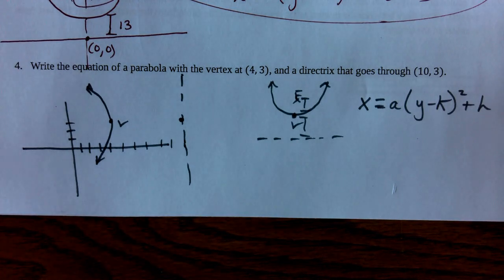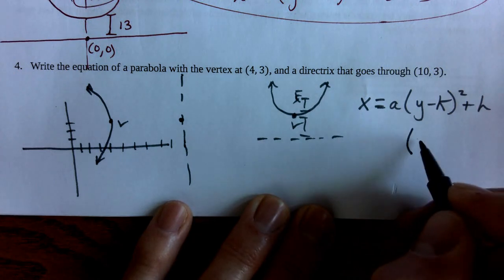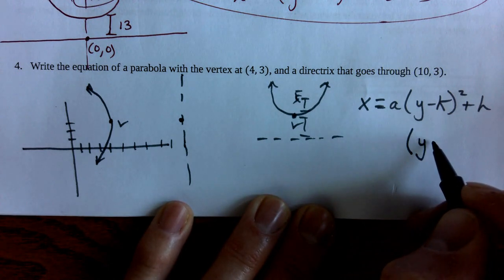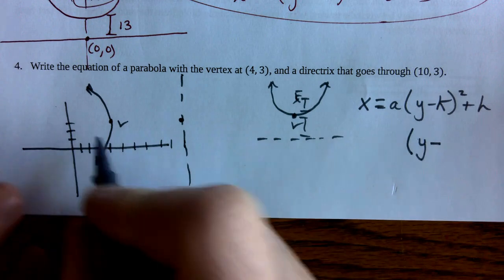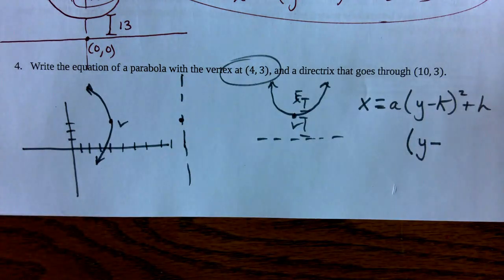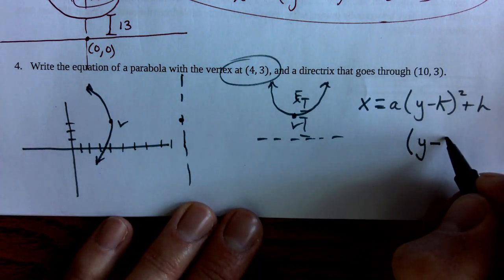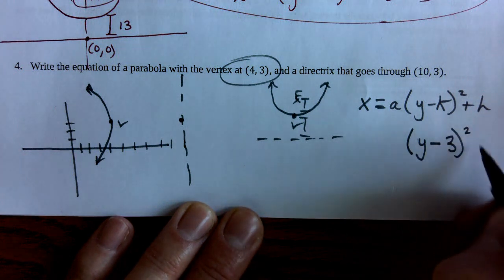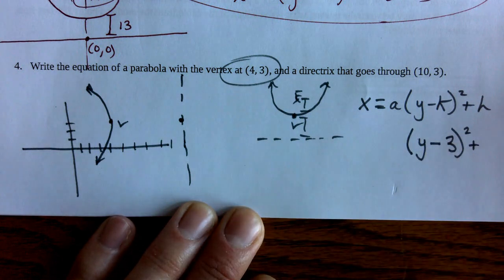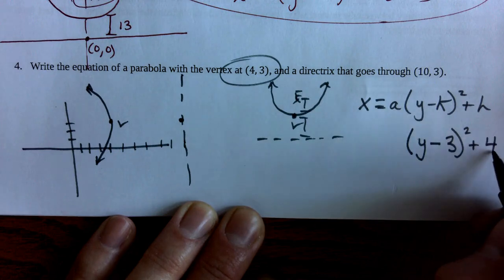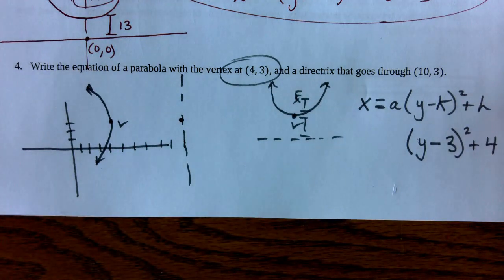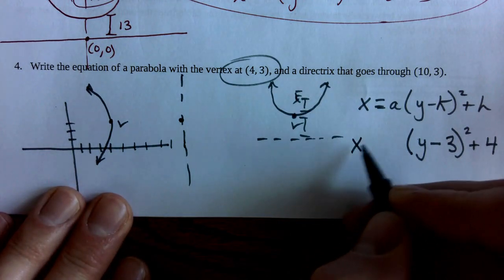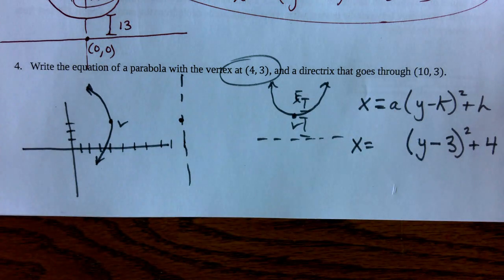So what do we need? Right away we can fill out the y minus what? Well, the vertex here is at (4, 3). Using our new method, and this takes a little time to get the hang of, we have our h value here and our k value right there.